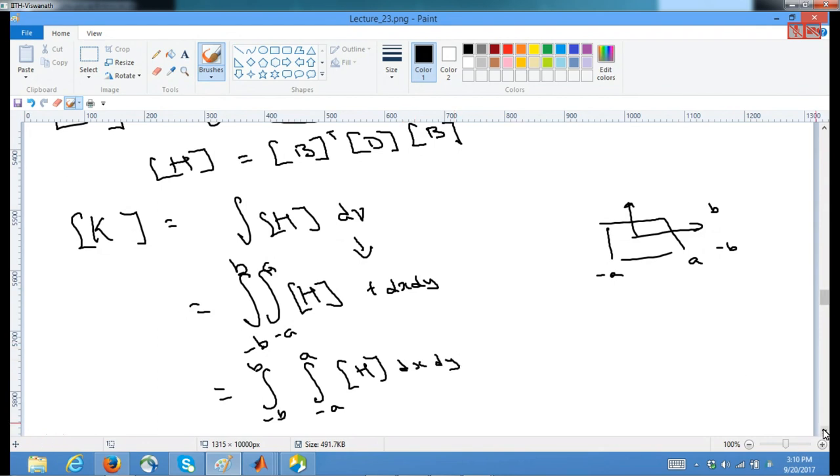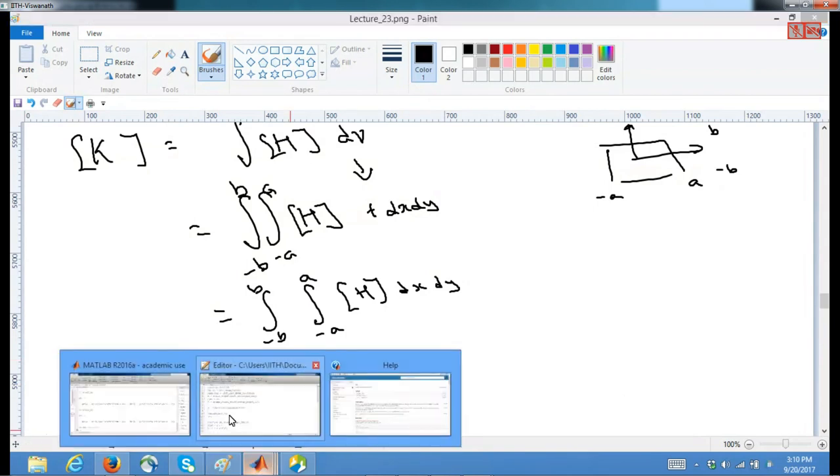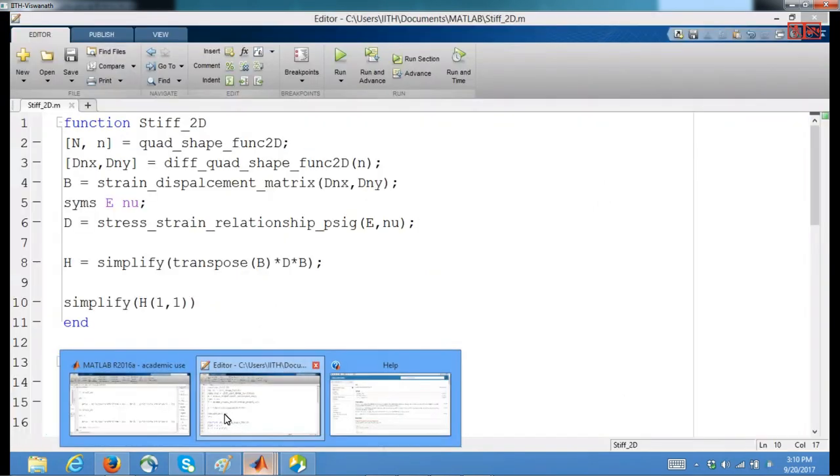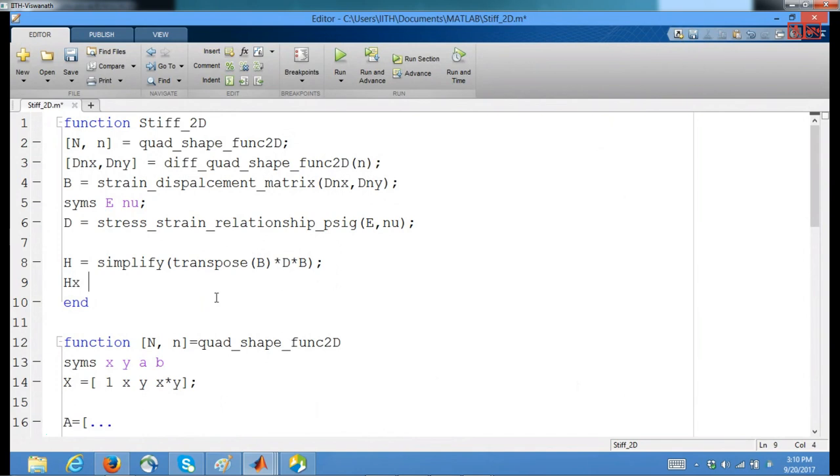So for unit thickness, now we know each and everything. So what we'll do is, we'll call it hx equals integrate h comma x from minus a to a.